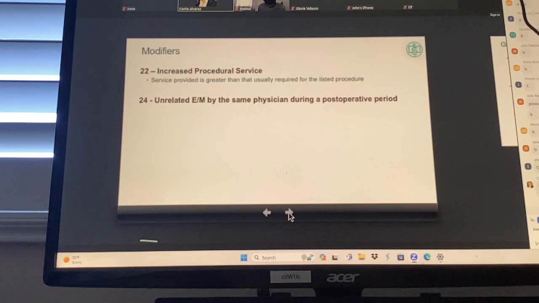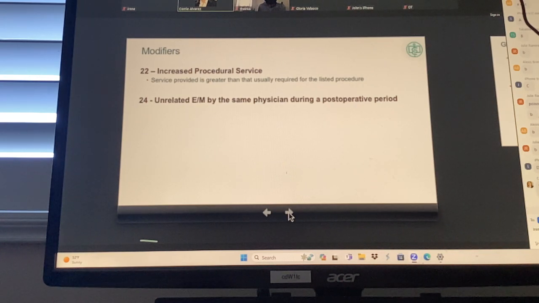But unless you add a modifier 24, you will get denied for that service because it's during the post-operative period. So it overrides the post-operative service, and the service needs to be significantly greater than what is typically required. Like if he just looks at the patient and says, you probably just have a cold, just take Tylenol, that's not going to warrant an additional office visit.